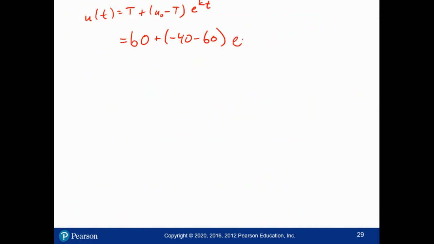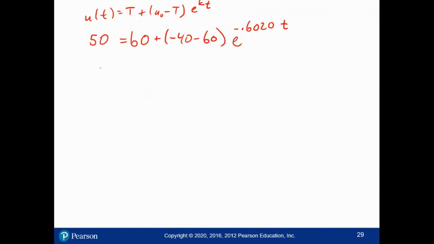So our Newton's law of cooling formula was U of t is equal to capital T plus U naught minus T, e to the kt. We know that capital T is 60. U naught was negative 40. And now we know the value of k is negative 0.6020 times t. But now we want U of t to equal 50.